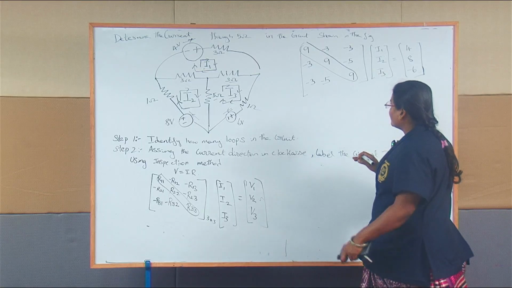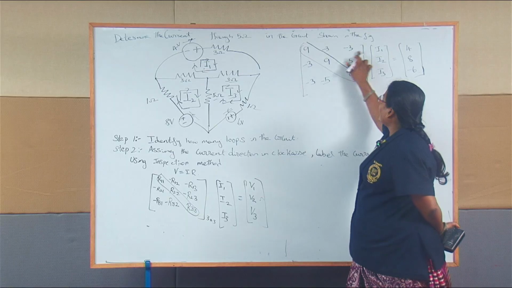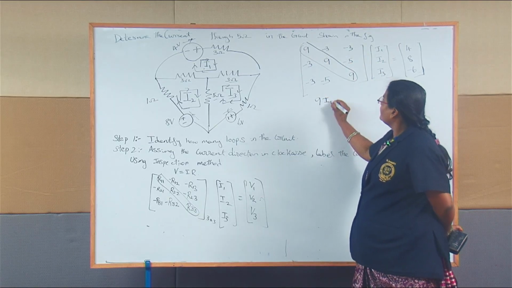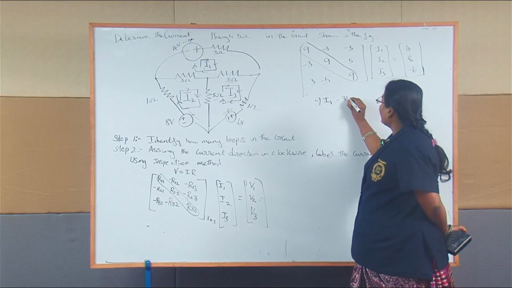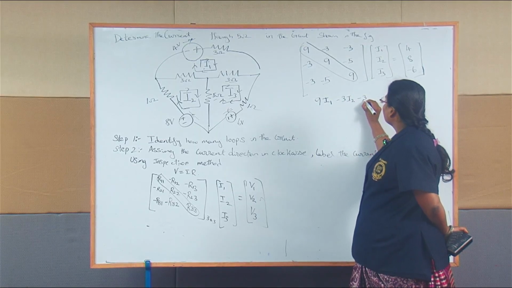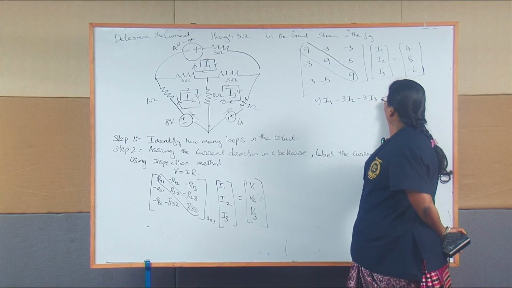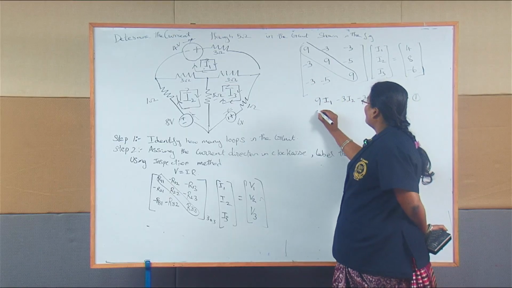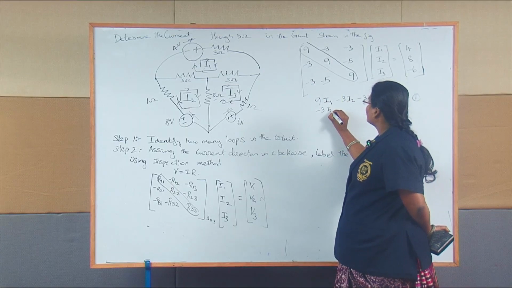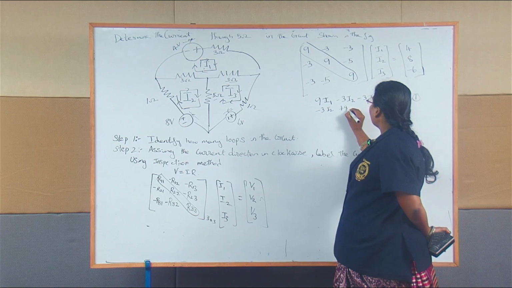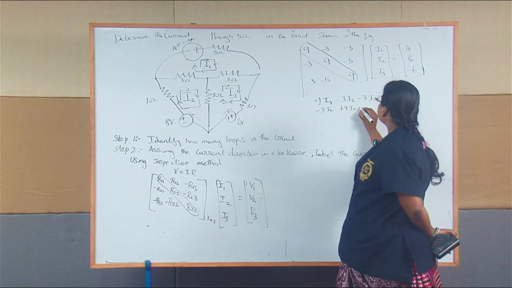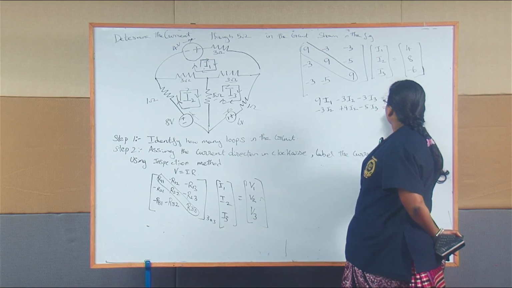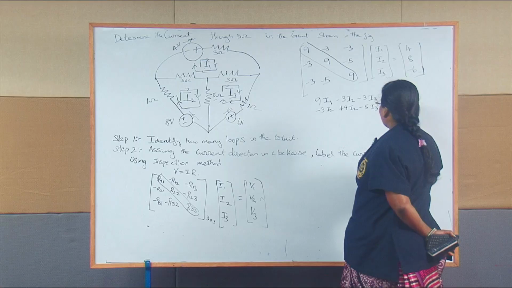Now I am going to form the equations. So 9 I1, row into column: 9 I1 minus 3 I2 minus 3 I3 equal to 4. This is equation 1. Similarly, here minus 3 I1 plus 9 I2 minus 5 I3 equal to 8. This is my second equation.